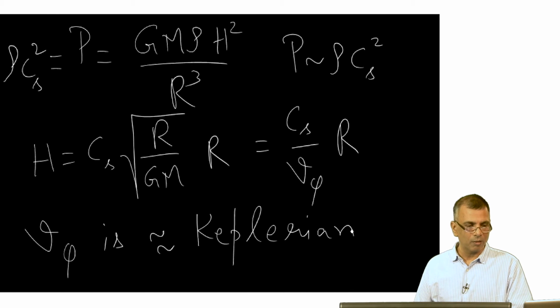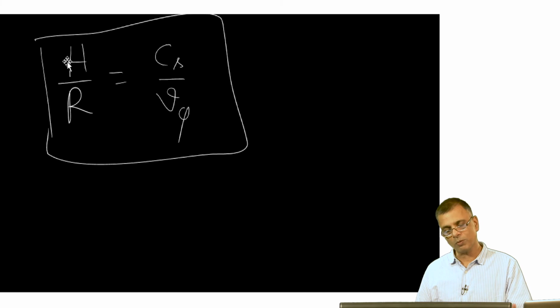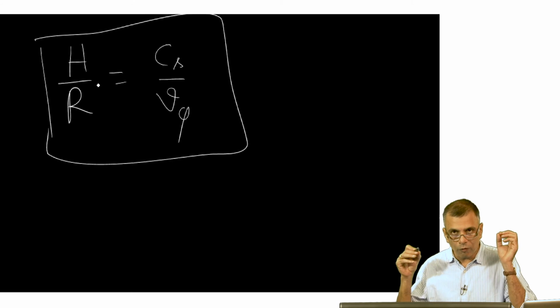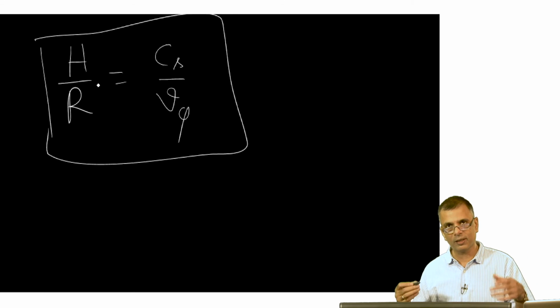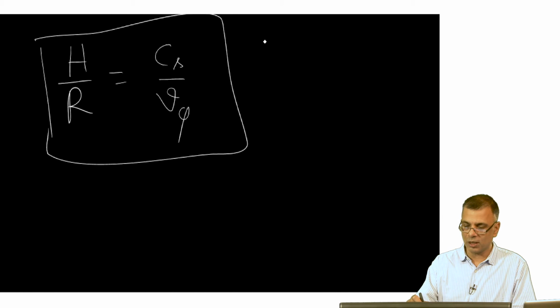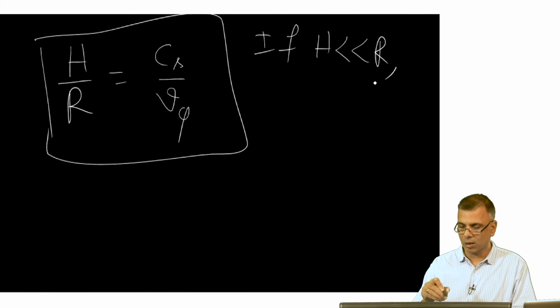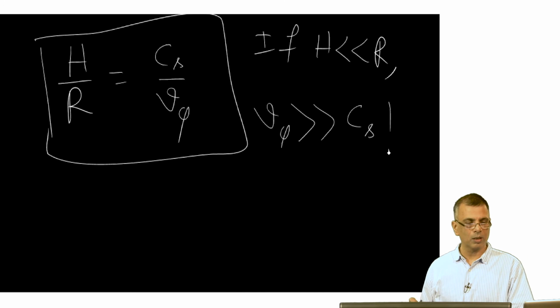Okay, right. So here, what does it mean if we foresaw the fact that the disk is thin? In other words, if h over r is small, it means that V phi has to be large, right?